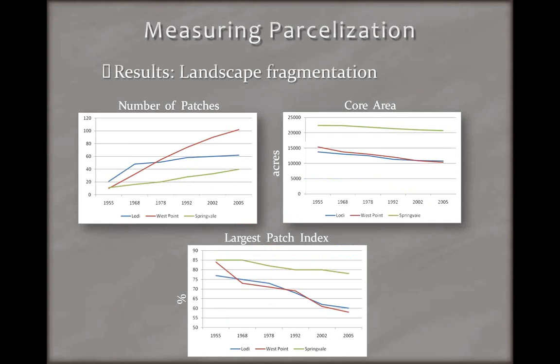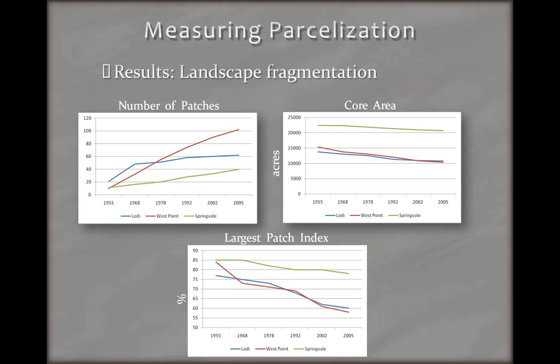We extracted the farmland cover from the land use and measured its pattern. And we found that in Lodi, even though Lodi had the most number of new parcels created over time, over 2,000 parcels during that time, the number of farmland patches increased, but not as much as what we saw in the town of West Point.